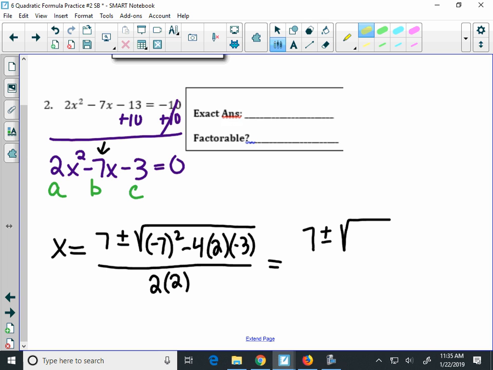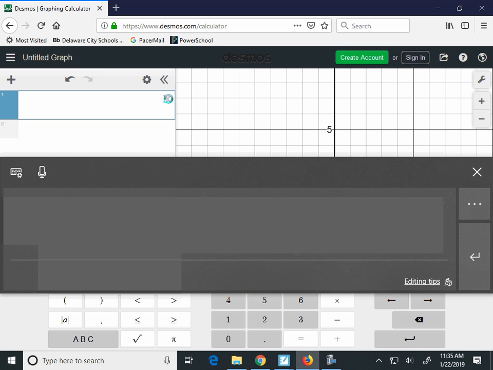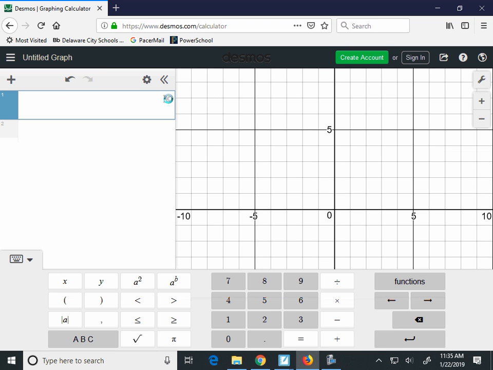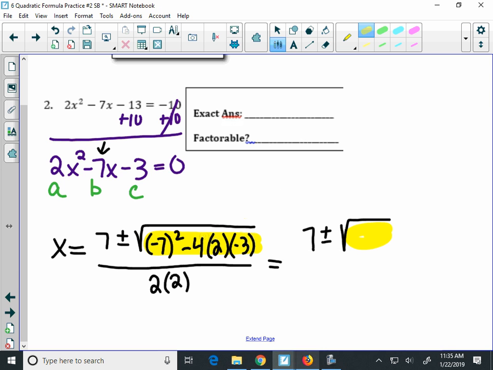I take what's under the radical, and I'm going to put it into the calculator. So I'll have parentheses, -7 squared minus 4. Now here A is 2, and C is -3. That gives me 73 under my radical, which I can then fill in here. All over 2 times 2 is 4.